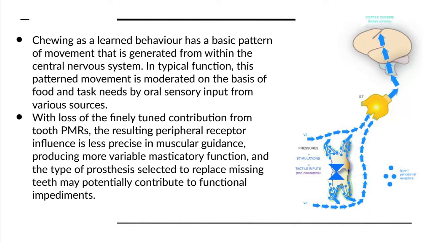He won't have periodontal mechanoreceptors, he won't have signals from the gingiva, signals from the temporomandibular joint, there won't be any signals from oral musculature. So all these are not there when we give dentures to the patient.